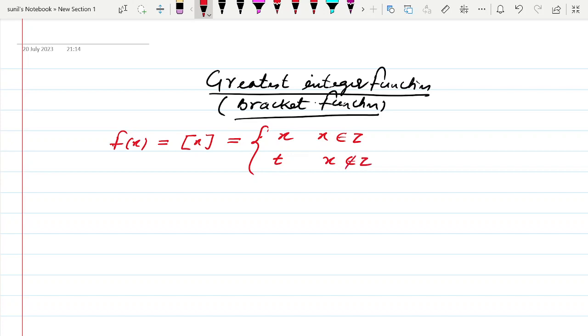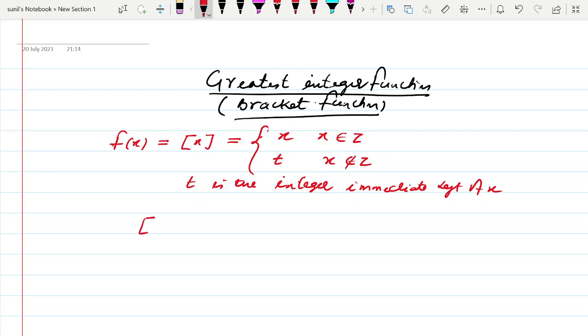Now what is this t? t is the integer immediate left of x. Just try to understand it.